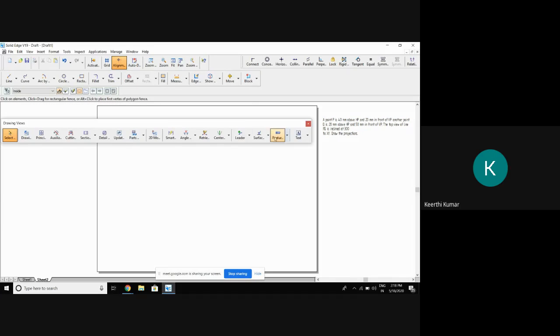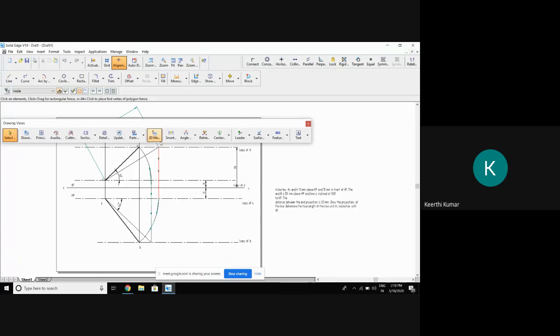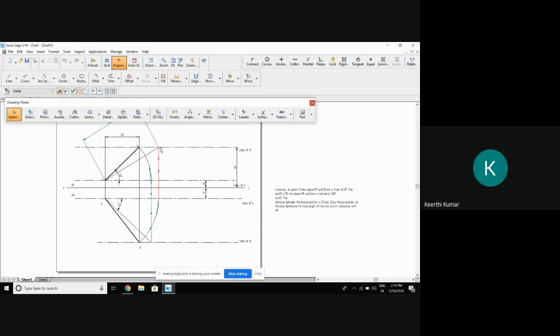Before reading the question, straight away you go for drawing the line of XY. Name it. Remember, it should be capital. XY should be capital. VP, HP should be capital. So in the first problem, I have not given the naming here. You refer to the naming. What is the naming of this? I'll complete that also.